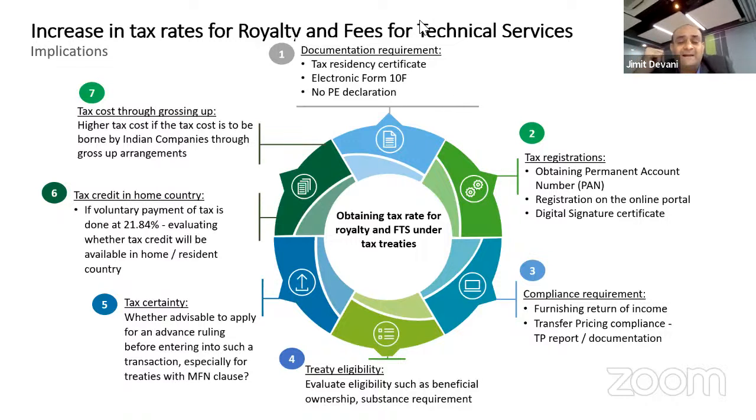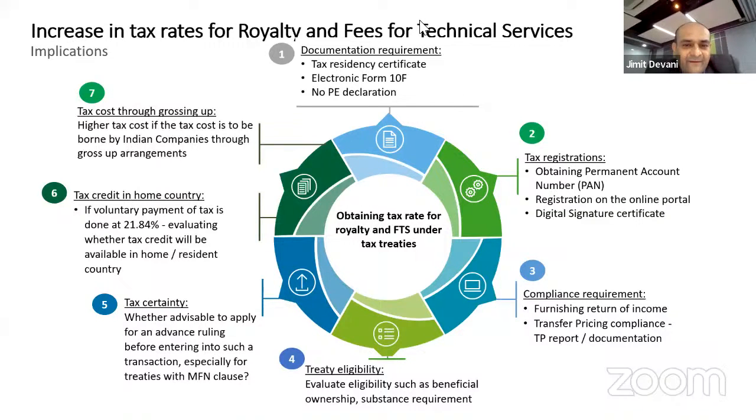So 11 the Indian party will have to deposit into the government treasury. Technically the payment for India is 111. 11 goes to the government as taxes and 100 goes to the foreign company, and that is called grossing up. So while the agreement is of 100, because of grossing up, the Indian party has to bear 111.